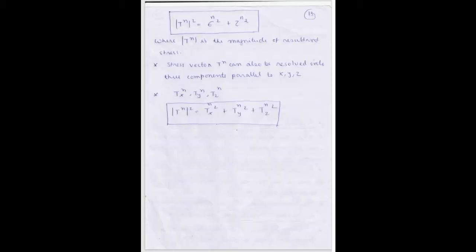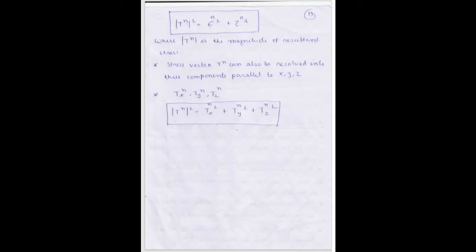Next, coming to Tn again, it can also be resolved into x, y, z components. You can resolve it into tangential and shear stress components, and you can also resolve it into x component, y component, and z component.